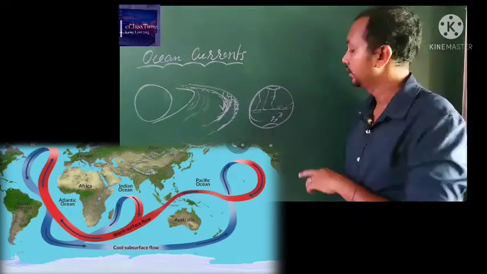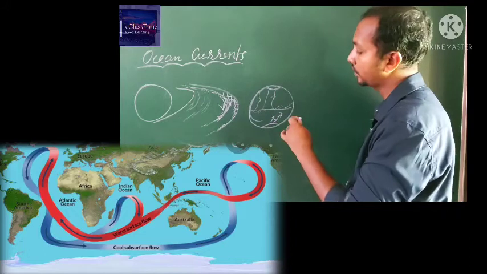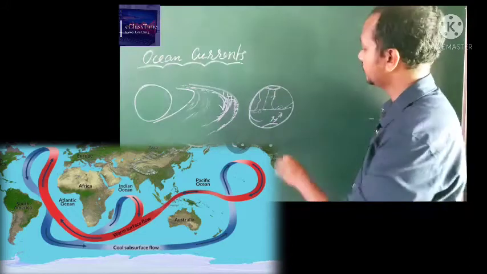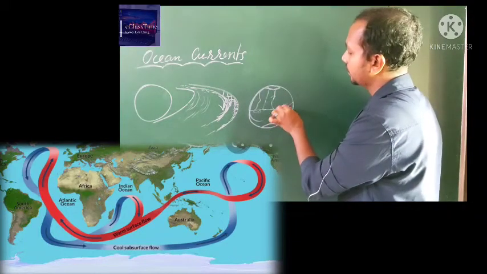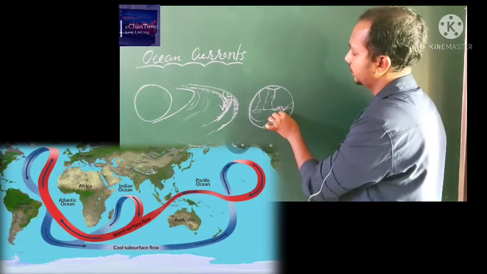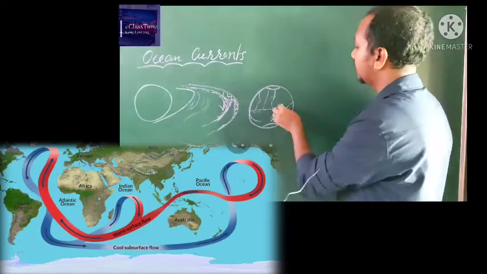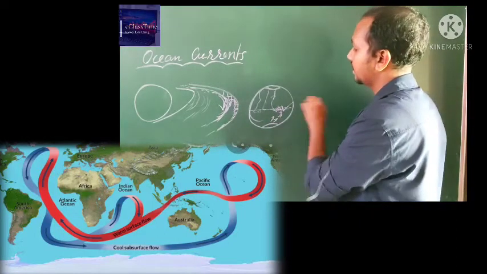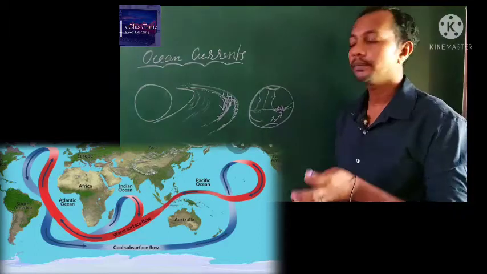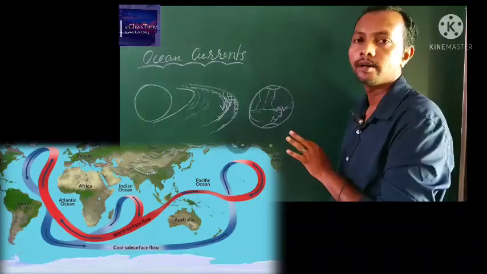The water going down from the polar side will be cold. So when that cold water comes in touch with the land body here, the cold water automatically cools the land mass, because the water body is vast and the land mass is small. So it automatically cools the land area.